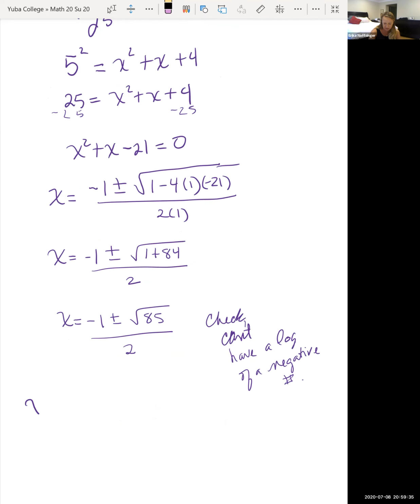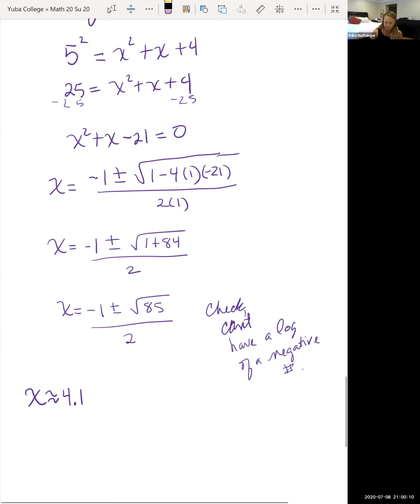So x is approximately, let me just get approximate. If we do negative 1 plus the square root of 85, and we take that answer and divide it by 2, we get approximately 4.1. If we looked at negative 1 minus the square root of 85, took that result and divided it by 2, you get back approximately negative 5.1.